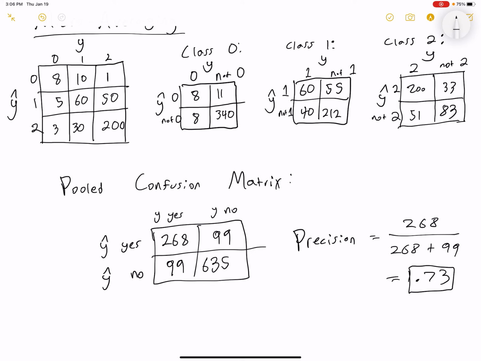So let's start with 2 and 2. For class 2, when y equals 2, and when y is predicted to be 2, that's 200. So that gives us that diagonal. And when y is not 2, and y hat is predicted to be not 2, that would be the sum of basically this inner matrix.